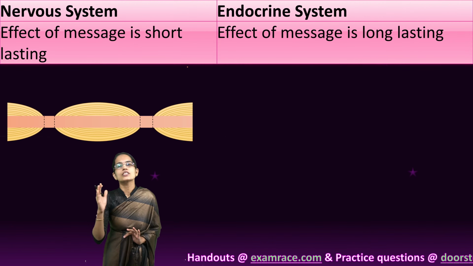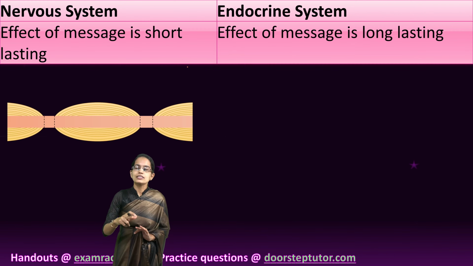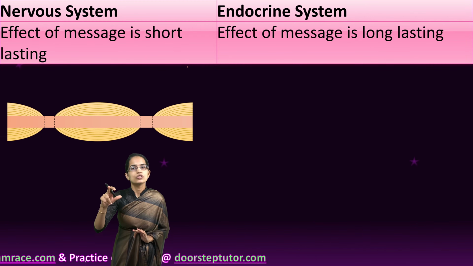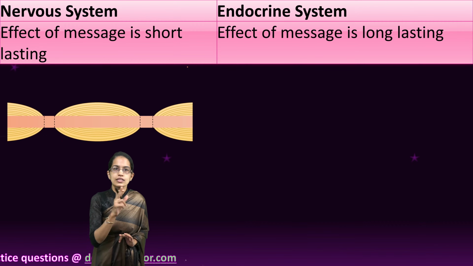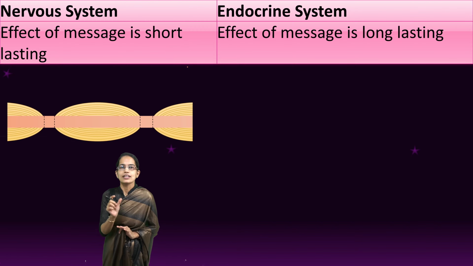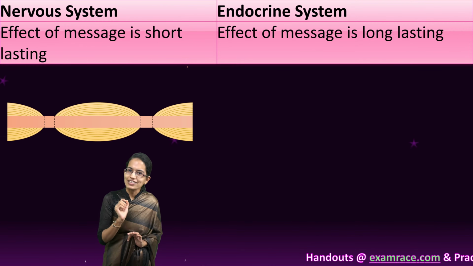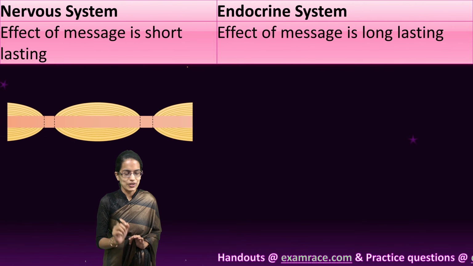So the effects of the endocrine system are long lasting as the message travels slowly. However, in the nervous system, the message travels very fast and therefore the impact lasts for a very short duration. So that's the basic difference between the nervous system and the endocrine system.